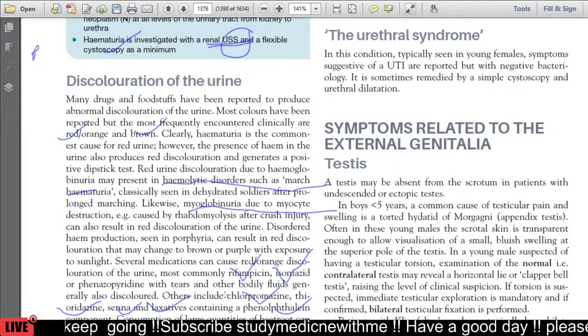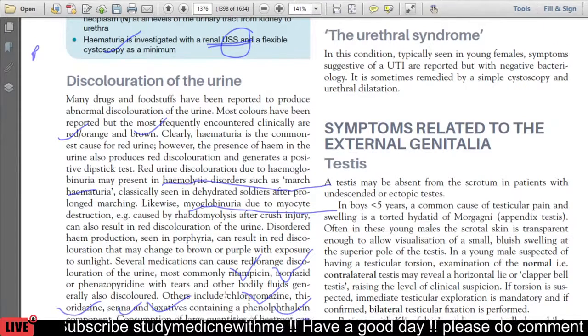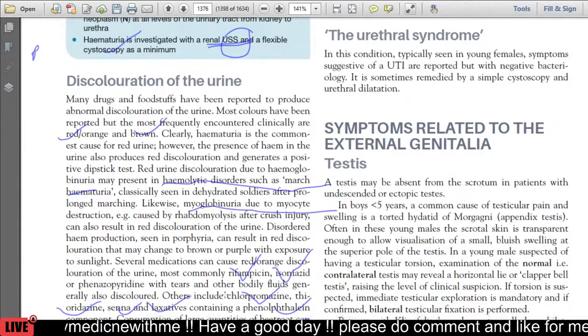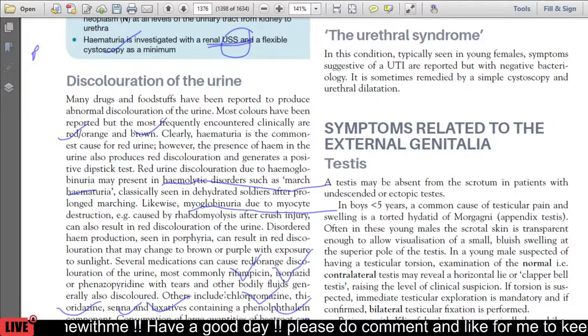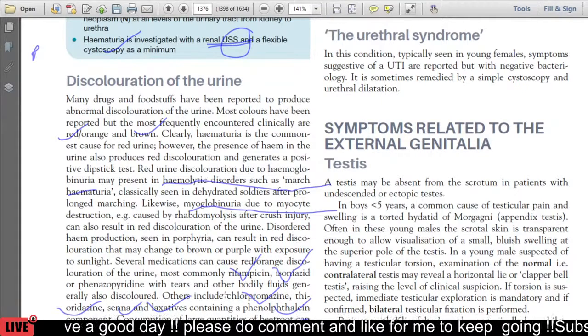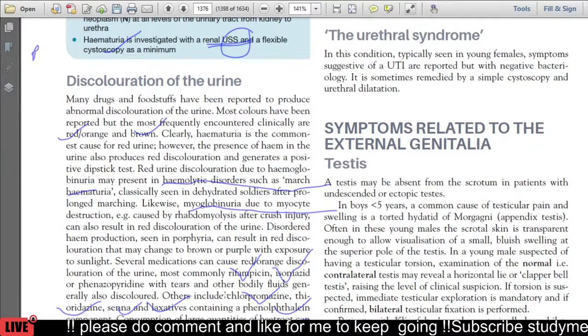The other common cause of discoloration of urine is drugs, such as rifampicin and isoniazid, which might color the urine orange, and it also colors other body fluids orange.